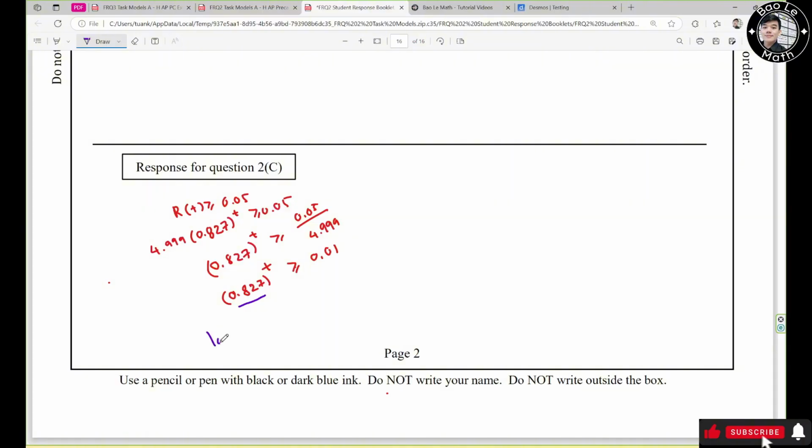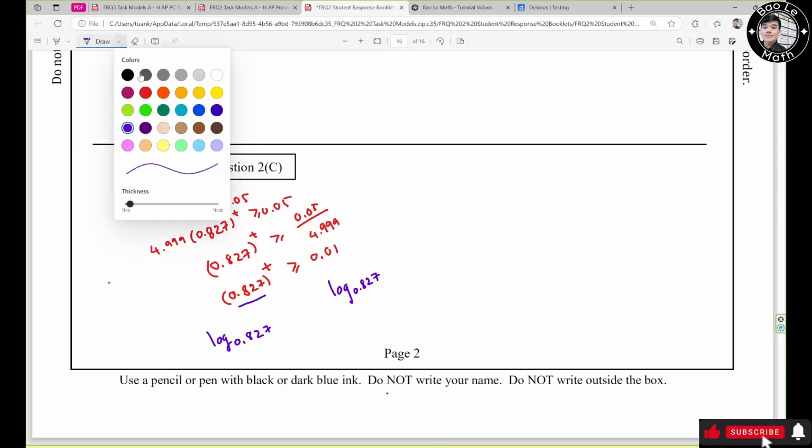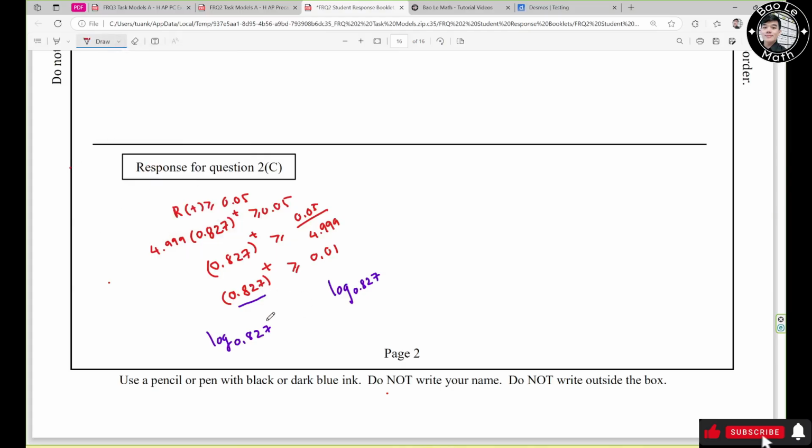So I have log base 0.827 on the left and the right hand side log base 0.827, and I need to rewrite this one, and then I need to bring t to the front. It's going to be like this. You need to change the inequality symbol, so keep that in mind.